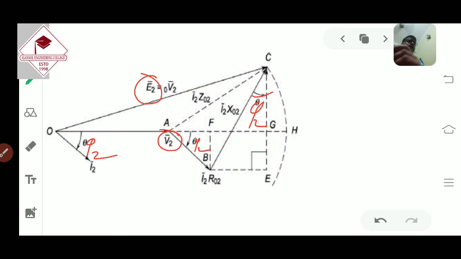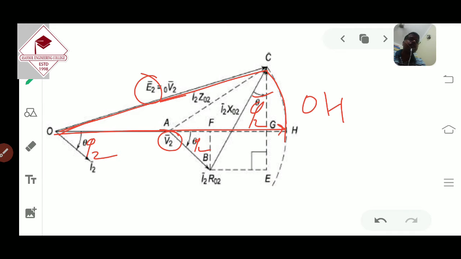How can we find this? We have to make some construction. If you consider this as a radius, and bring it here, you get this line, whose length is OH.